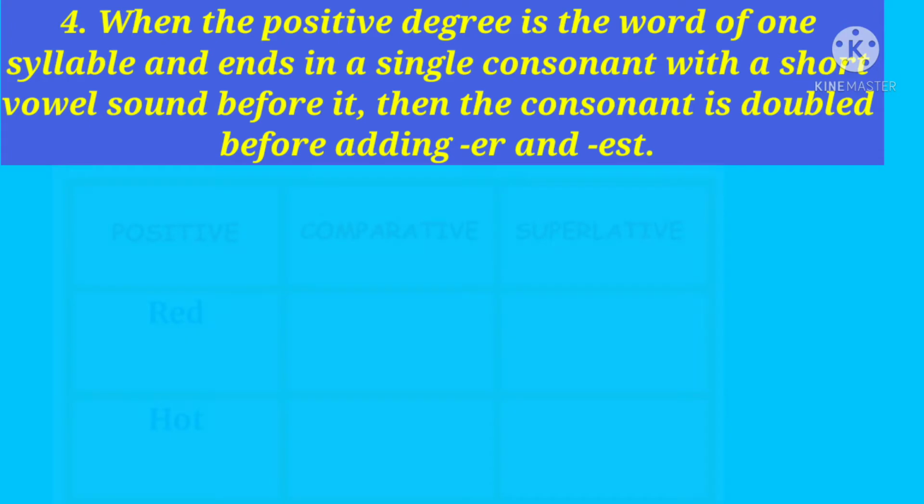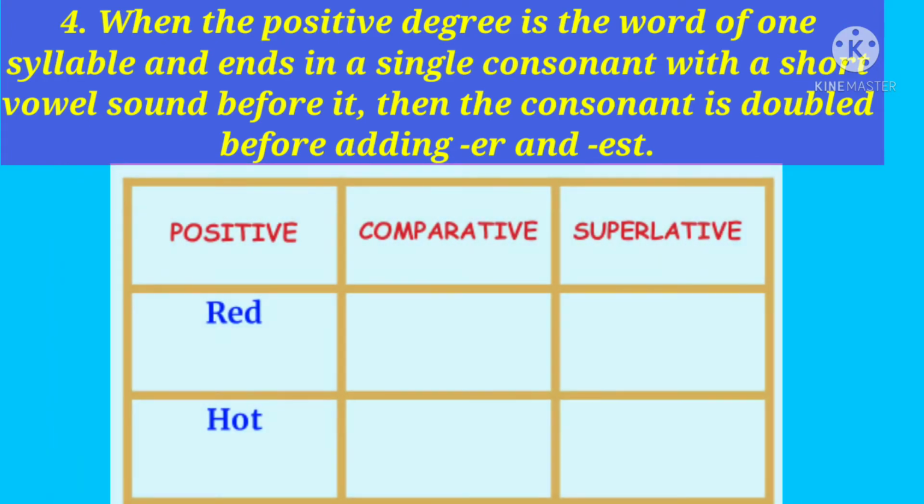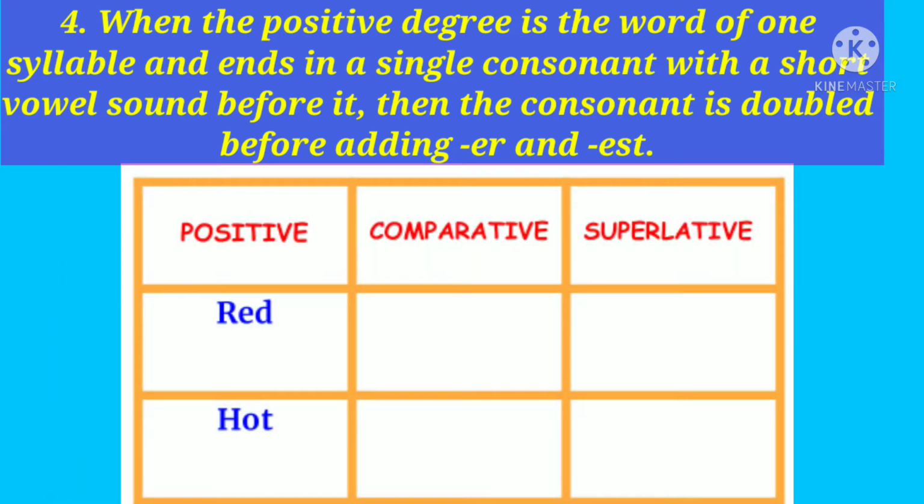For example, these two are the positive degrees, that is red and hot. These are words having one syllable, meaning having one sound only, and they end with a consonant after a short vowel sound. So here we will double the last consonant before adding er to the comparative degree and est to the superlative degree.